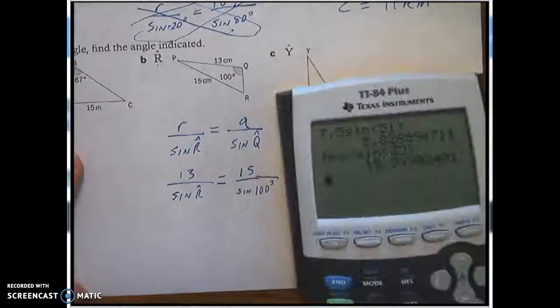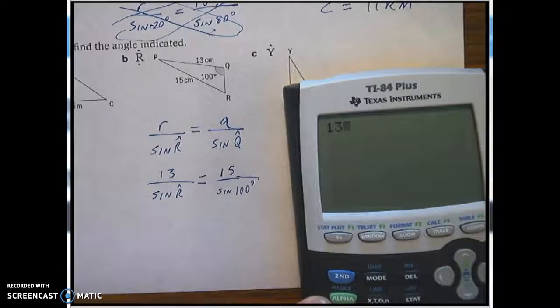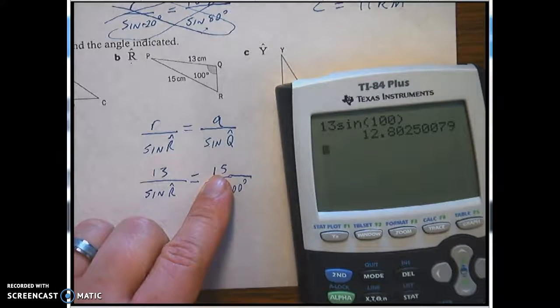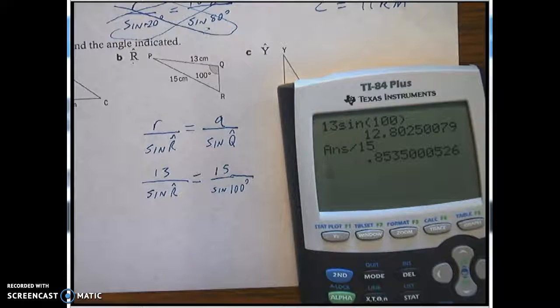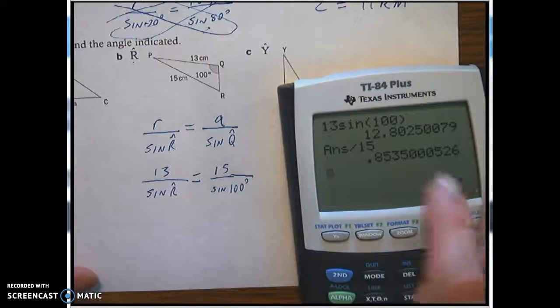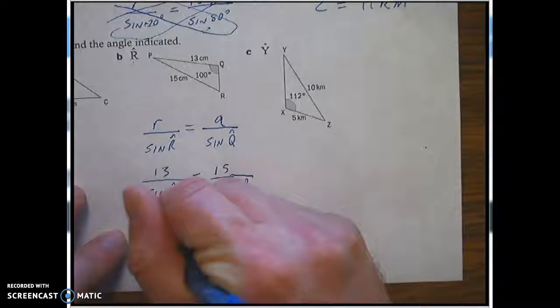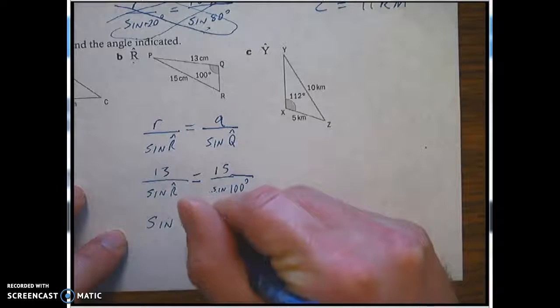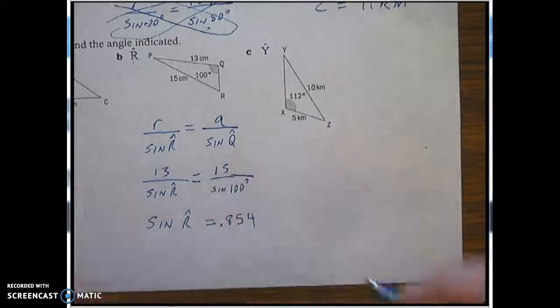It's calculator work. So we're going to do 13 times sine of 100, and then we're going to divide by that 15, and it's going to give me 0.854 to 3 significant figures. But now there's this extra step, because I haven't actually solved for angle R. I've solved for sine of angle R, 0.854.